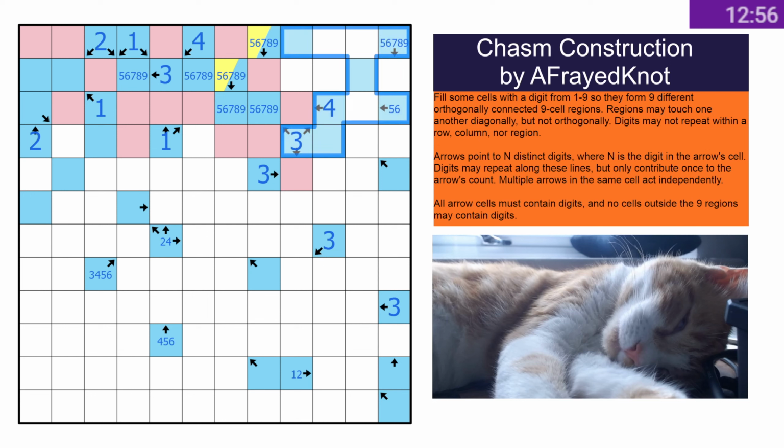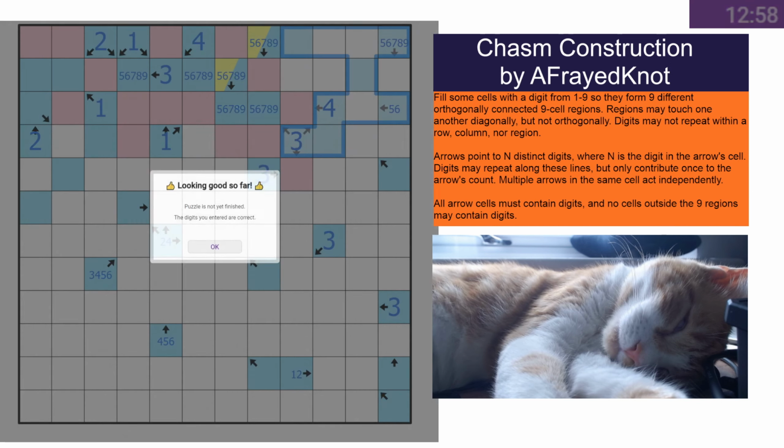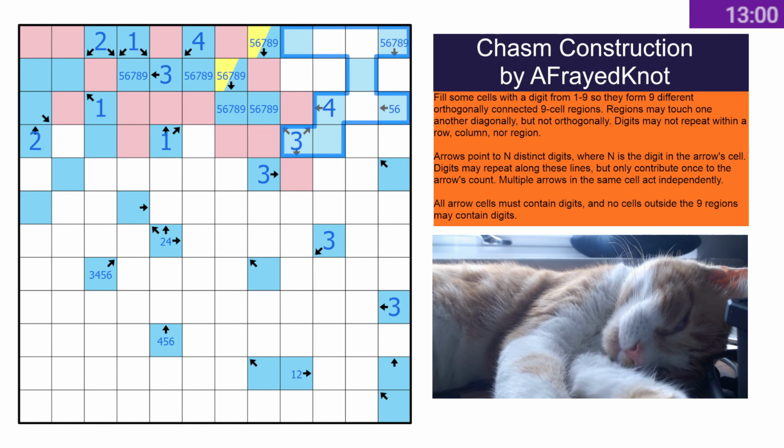Where do I think that went wrong? That's all fine, isn't it? Actually, I'll just check that 5, yeah. So, if that's blue... Oh, no, because it can do that, can't it? Yeah.